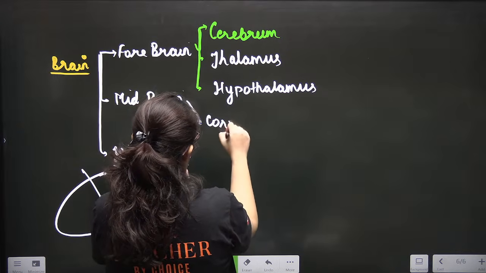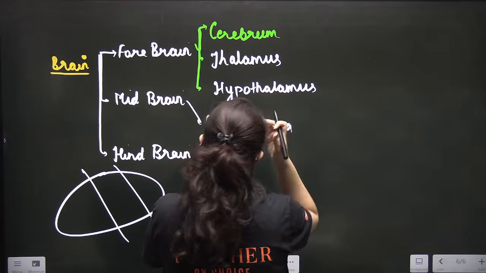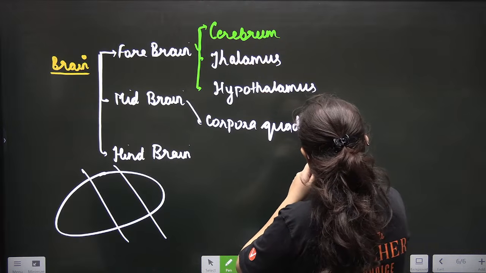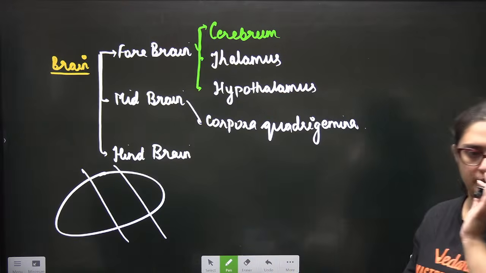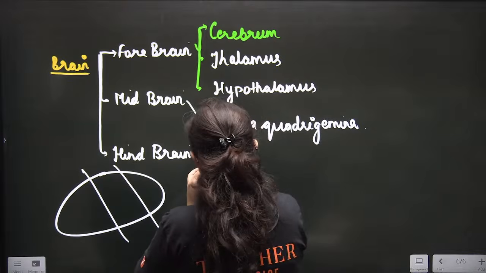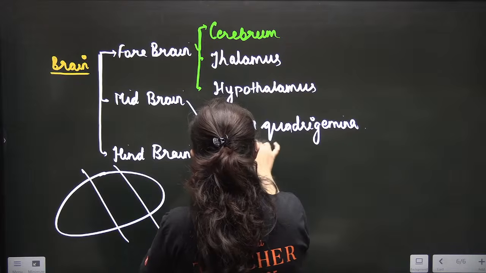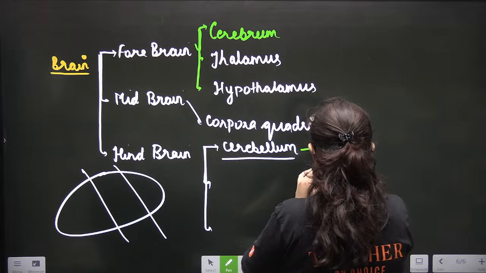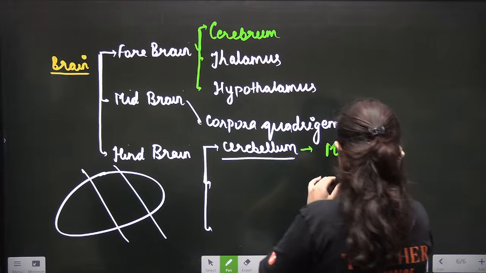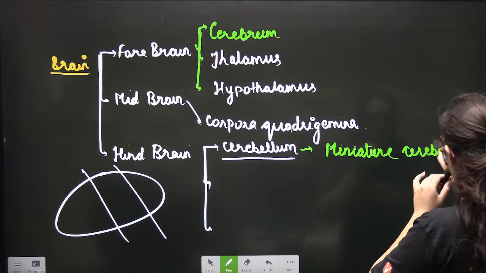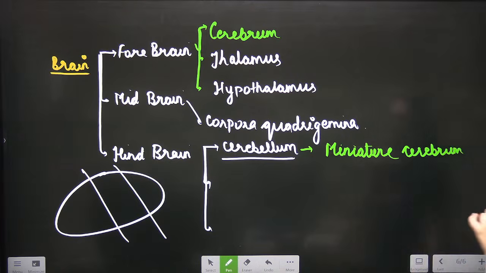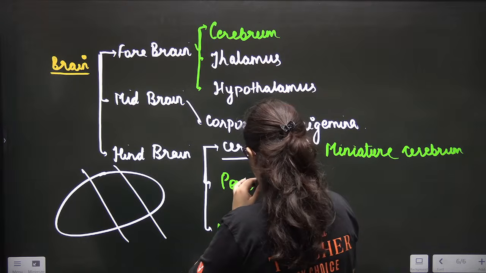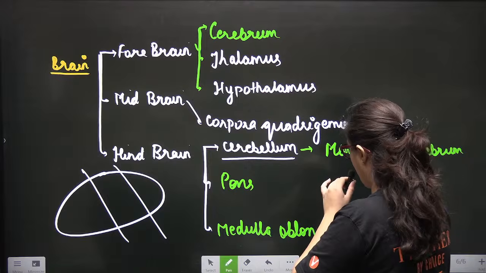Midbrain: corpora quadrigemina. Done. And hindbrain: cerebellum, pons, and medulla oblongata.